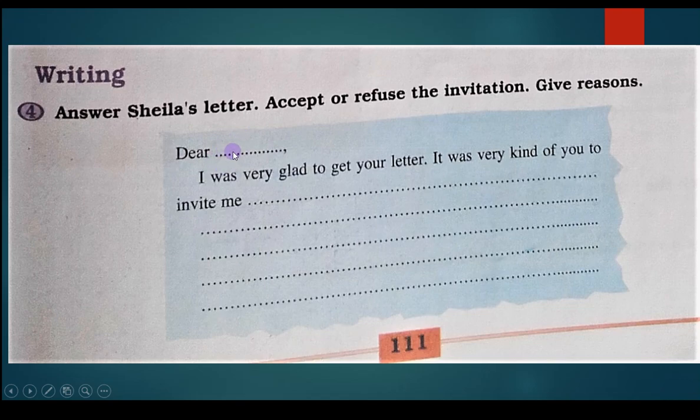Dear Sheila, I was very glad to get your letter. So the synonym of glad is happy. It was very kind of you to invite me.